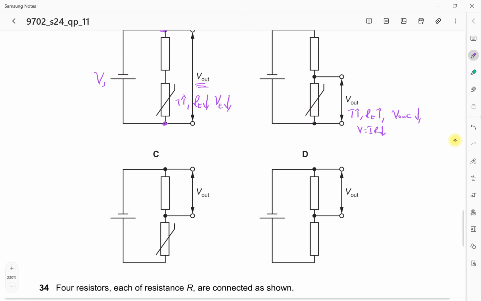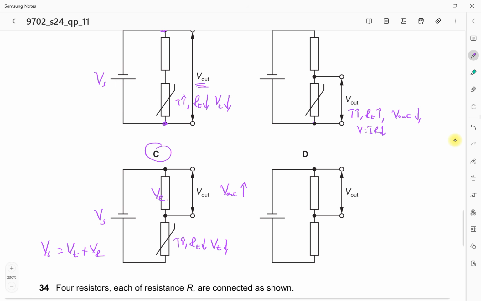Then C, I think C is correct because if temperature increases here, the resistance of the thermistor decreases. PD across the thermistor decreases, which means PD across V out is going to increase, because Vs should always be the same as the PD across the thermistor plus the PD across the fixed resistor.